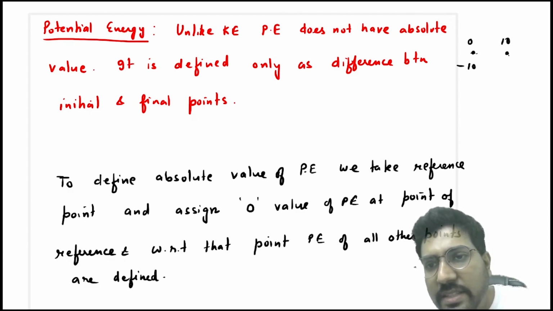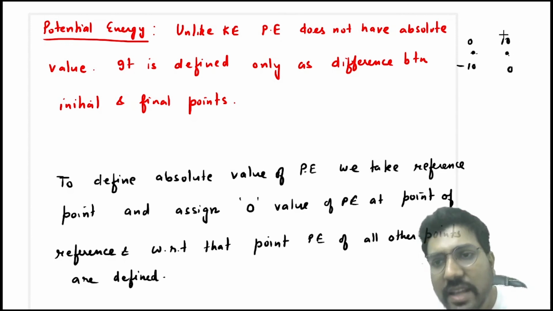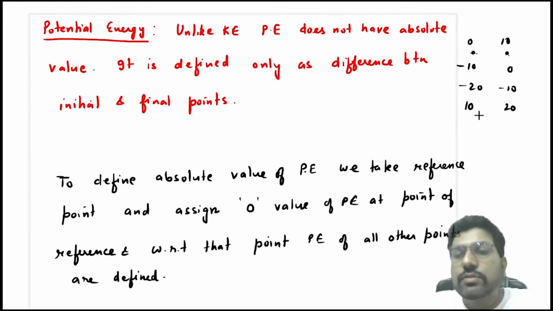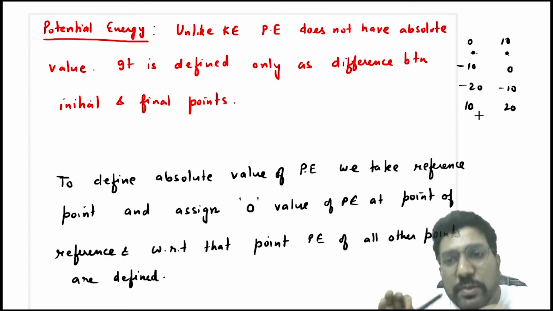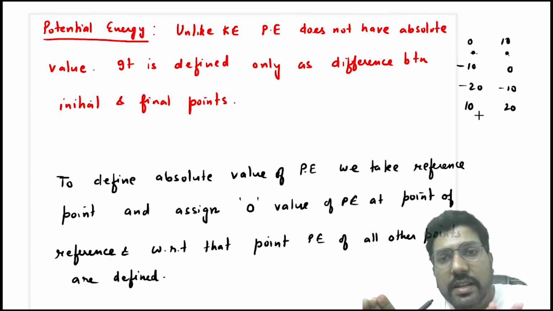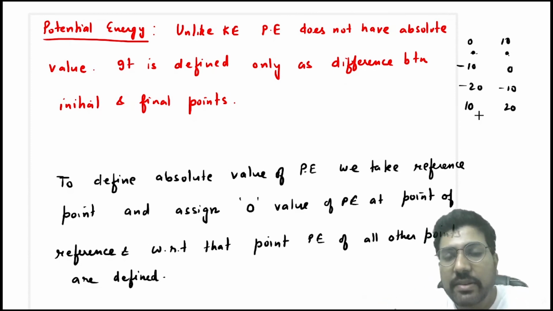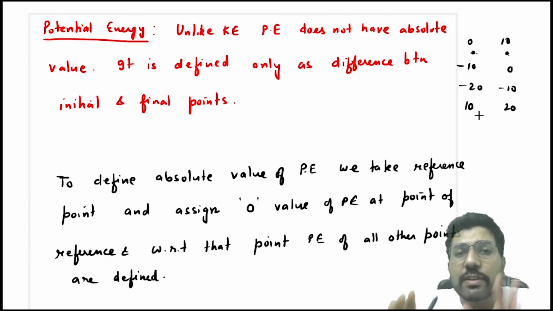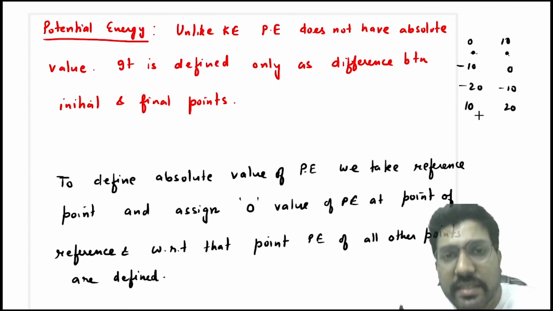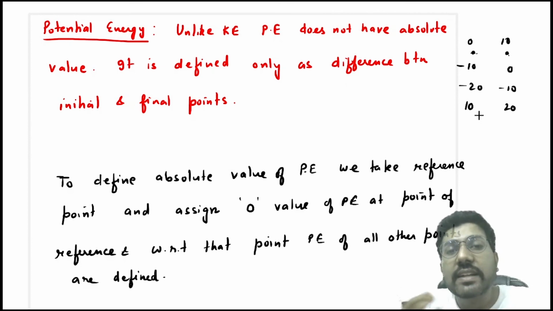If this is minus 10, this has to be 0, assuming this has the higher potential energy. If this is minus 20, this has to be minus 10. If this is 10, this has to be 20. So the absolute value of potential energy has no meaning. It has meaning only if it is calculated as a difference. The absolute value of potential energy does not exist unless you define a reference system.